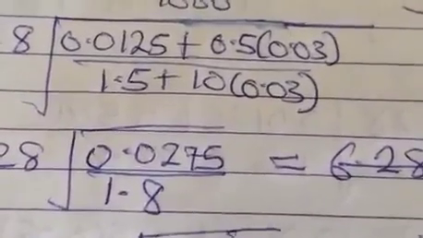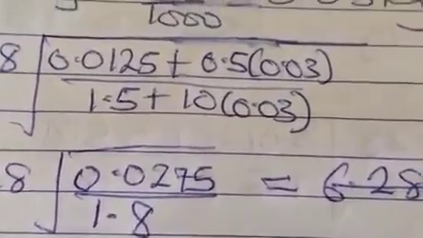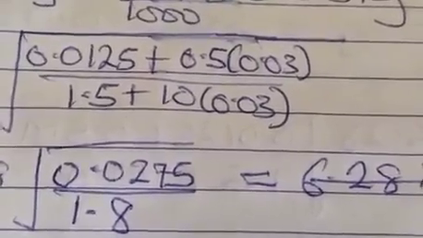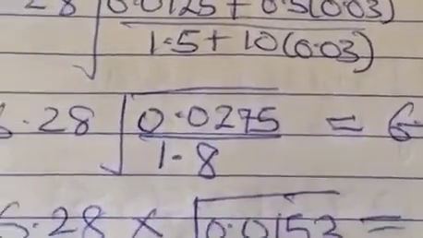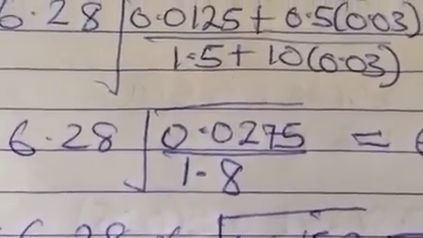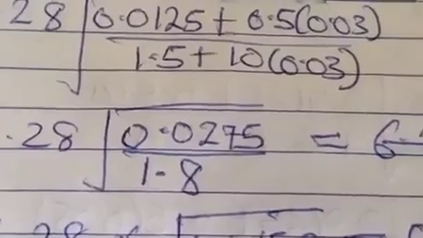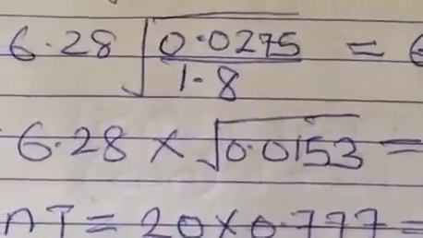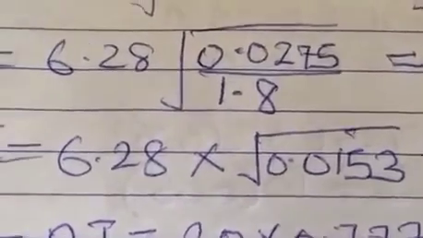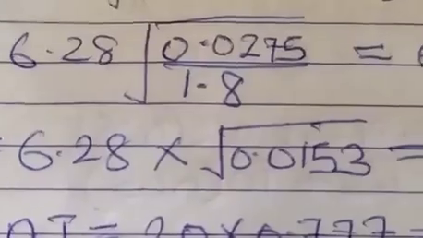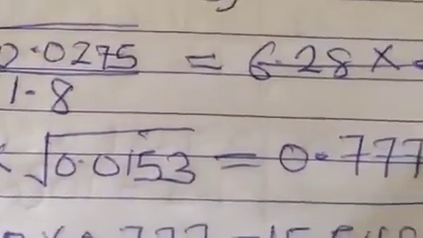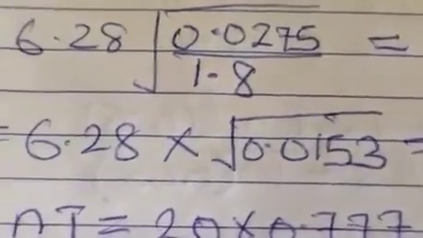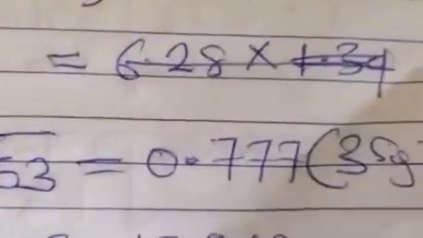Evaluate the numerator: you're going to have 0.0275. Evaluate the denominator: 0.03 times 10 gives us 0.3, plus 1.5 gives us 1.8. So divide what you have inside the square root, 0.0275 by 1.8, and that will give us 0.0153. So we have 6.28 times the square root of 0.0153.